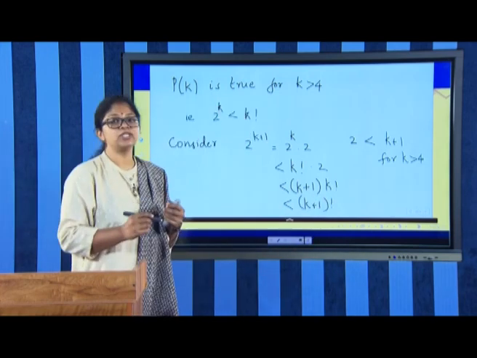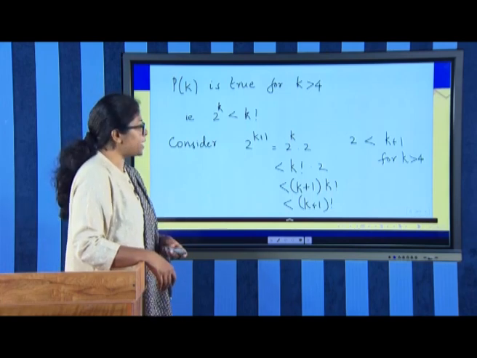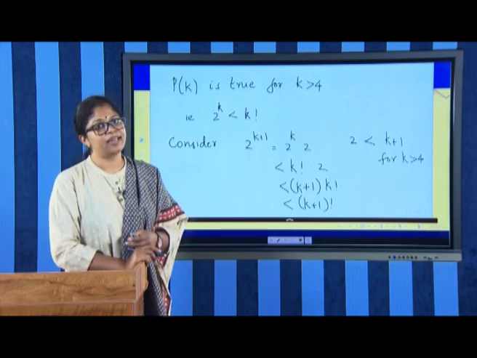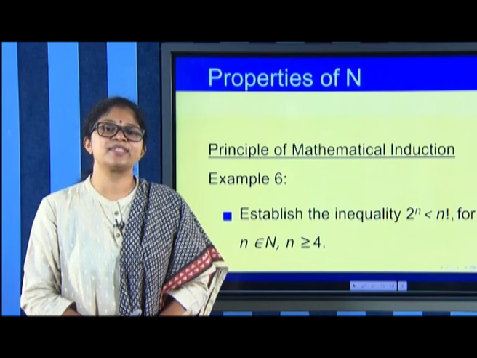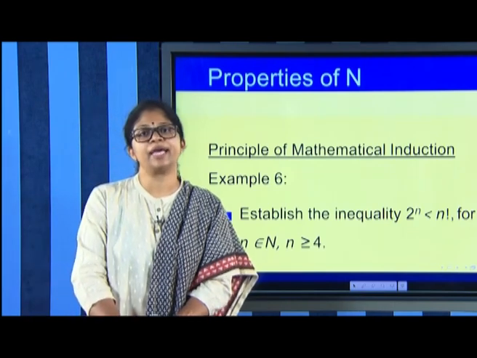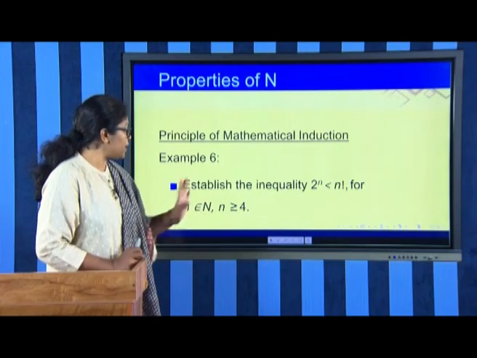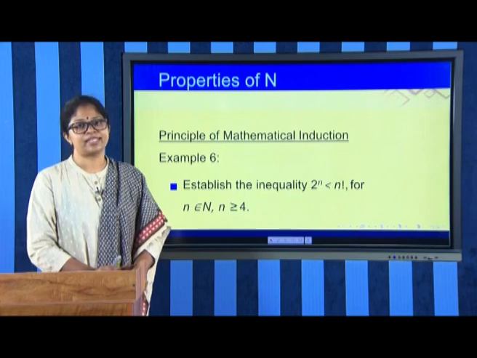So, we have established that the result is true for k plus 1 also, and hence the result is true for every natural number n greater than 4. That is the inequality 2 power n is less than n factorial for n greater than or equal to 4.